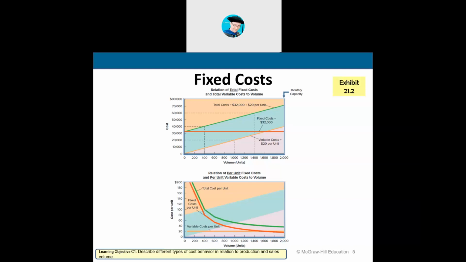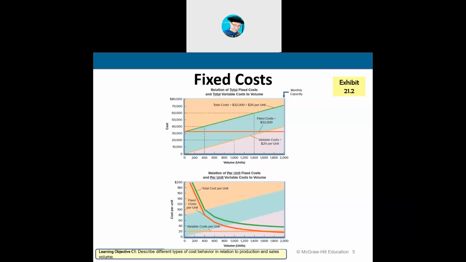If my direct labor is $10, my direct material is $5, and my factory overhead is $5, that's $20. It's the same for each unit.